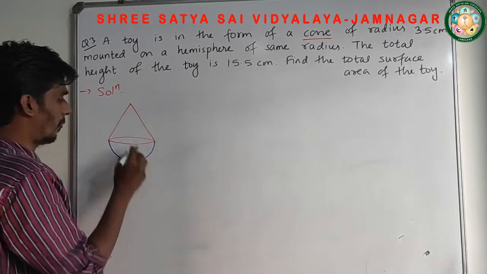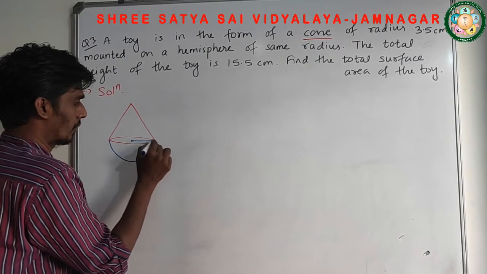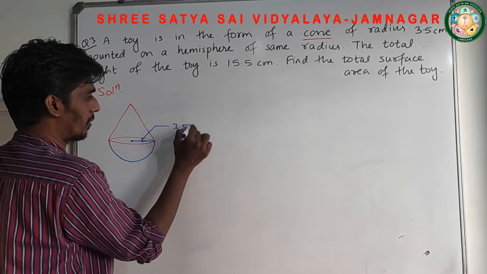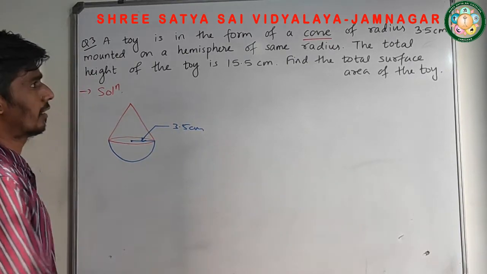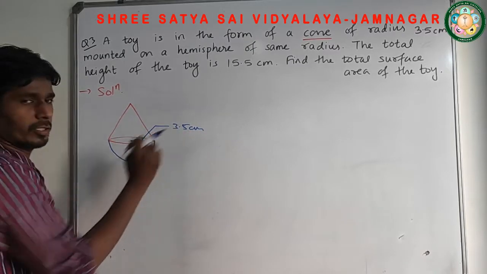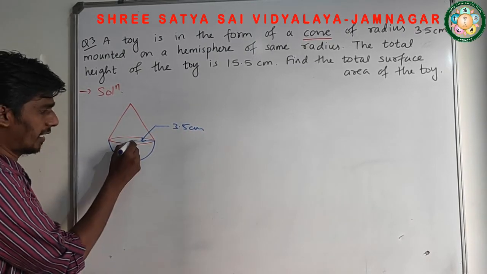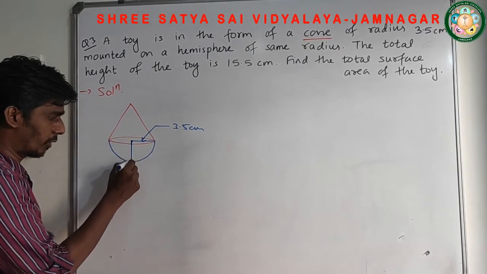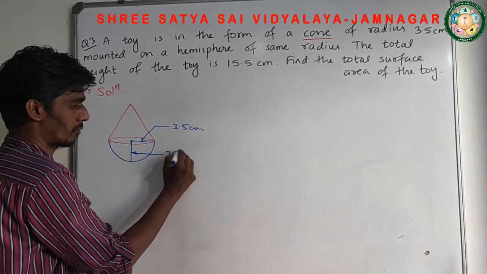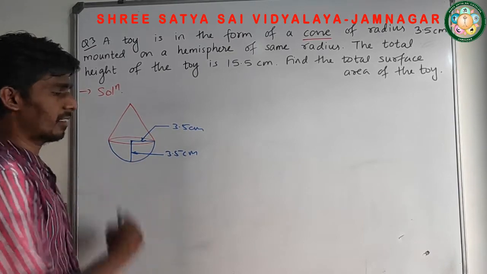And its radius is 3.5, this radius is 3.5 centimeter. So the radius of this cone is 3.5 and the hemisphere is also 3.5. From this center to this one, this is also 3.5 as it's a radius.